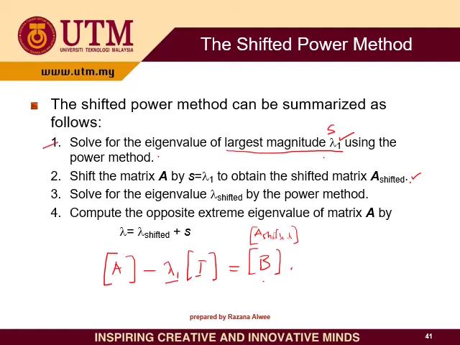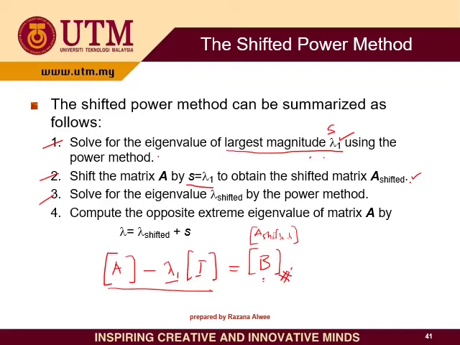You must shift the matrix A by S, which equals the lambda 1 that you found in the first step. So you do this equation, and we get this matrix. Then solve for the eigenvalue lambda shifted using the power method that you have learned before.